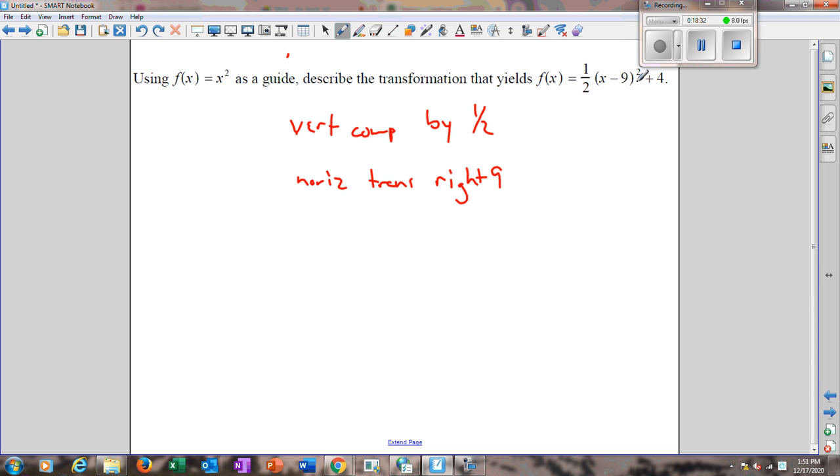If it's a number added outside, it means that it's going to be a vertical shift up 4. If it was subtracted out there, it would be a vertical shift down 4. So then this would be a vertical translation up 4. That's all you'd have to do for that one.